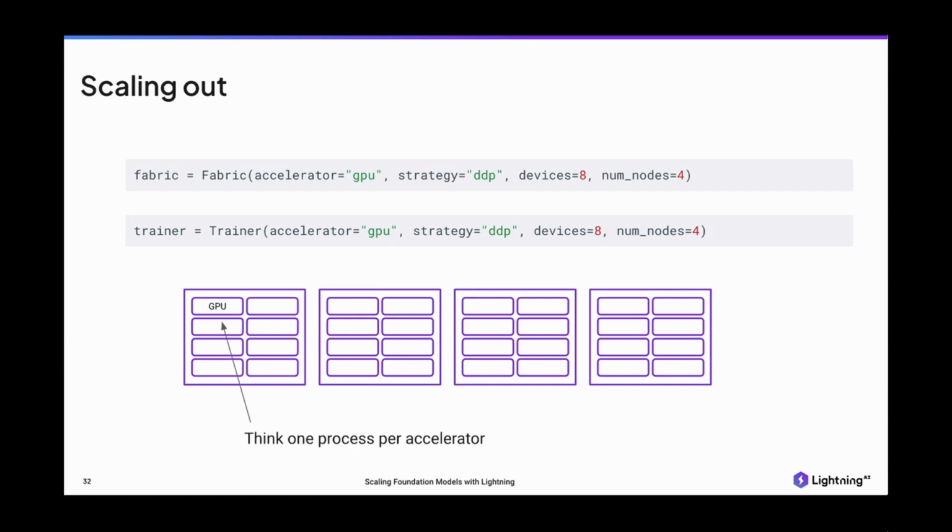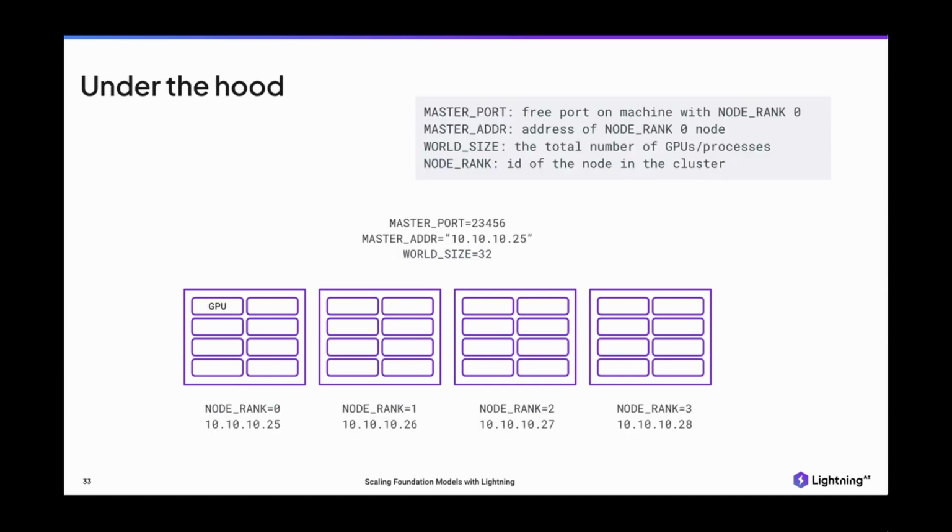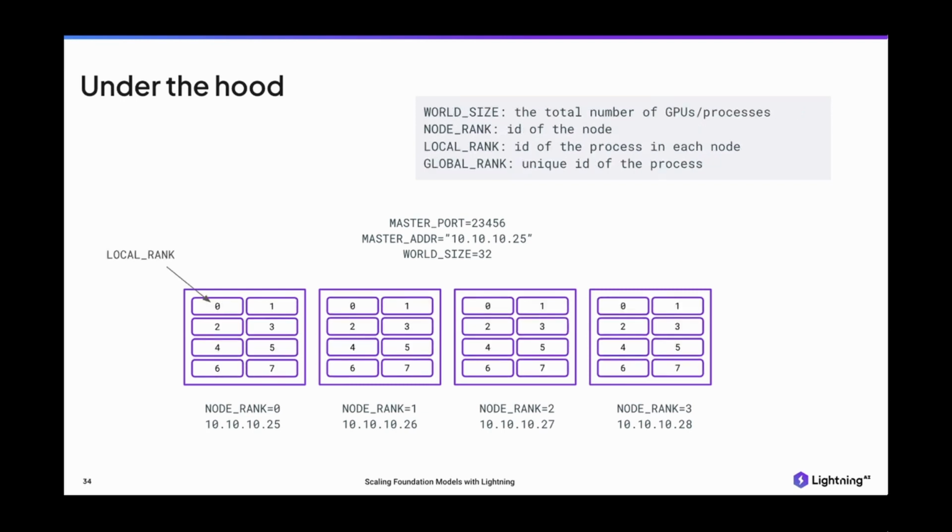And once that's done, we spawn or fork one process per accelerator, and there are a number of environment variables that usually you need to set, and you need to set them right. So we take control over that. These are the environment variables we go after and set for you. There's a local rank, which is the rank of the accelerator on the machine.